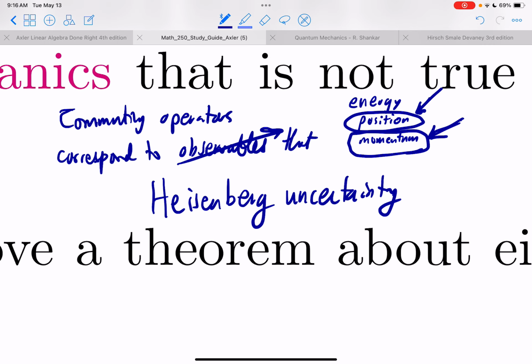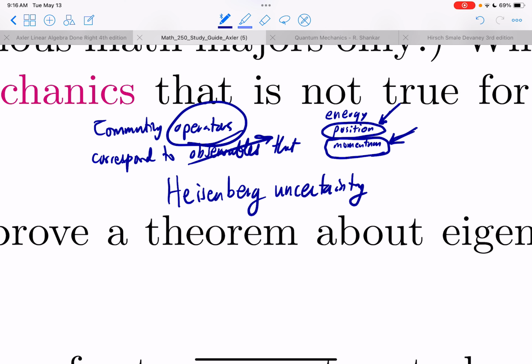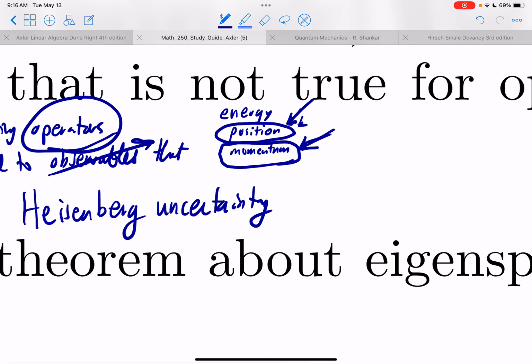And there's a fundamental relation. I can't remember exactly what it is, but this has to do with the fact that position and momentum correspond to operators that do not commute. But if you have two operators that commute, then it's possible to know both.